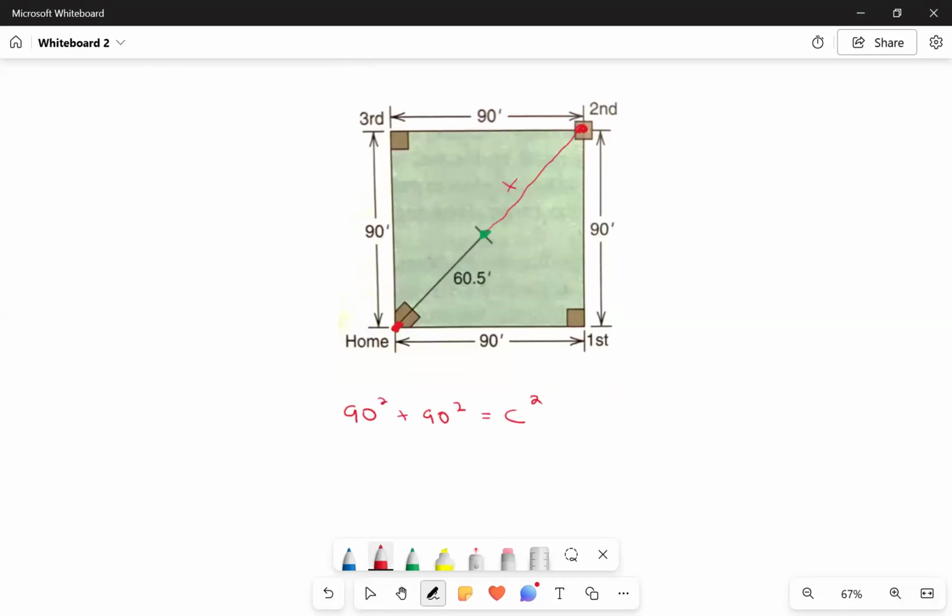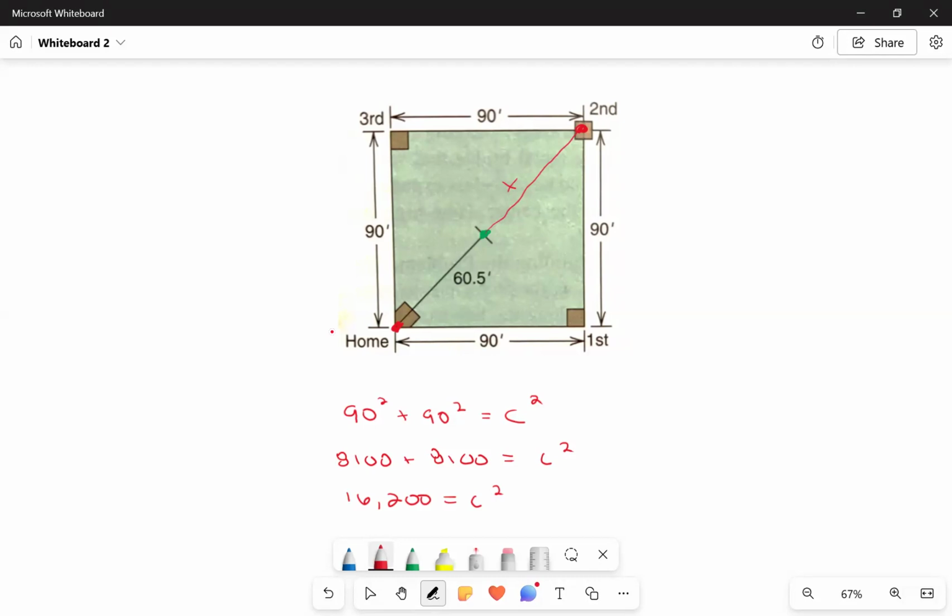Okay, so 90 squared is 8100 plus 8100 equals C squared. All right, and I'm getting, oops, I added that wrong. Hold on, 8100, 8100, there we go. Okay, 16,200 equals C squared.